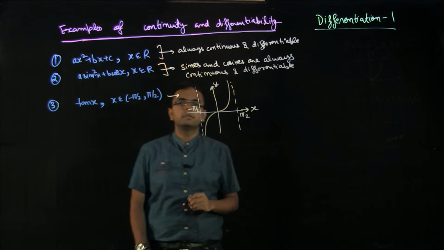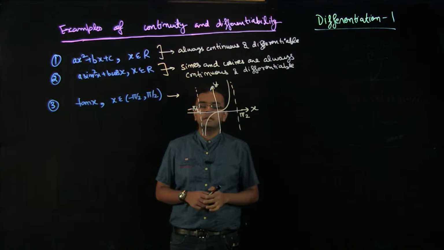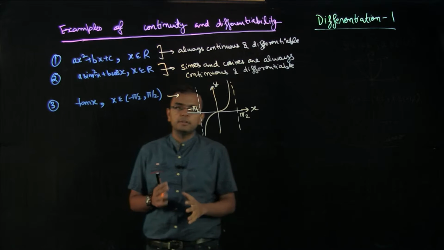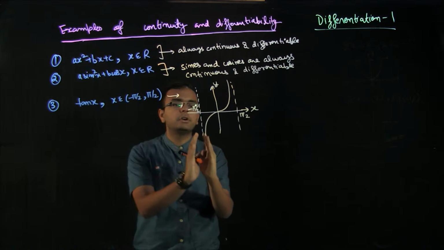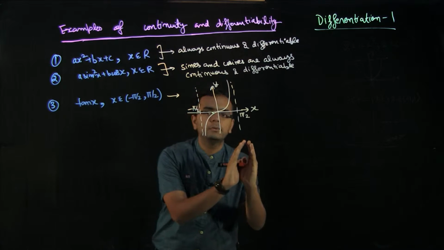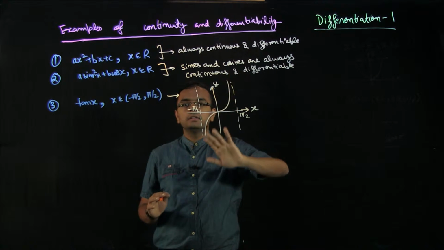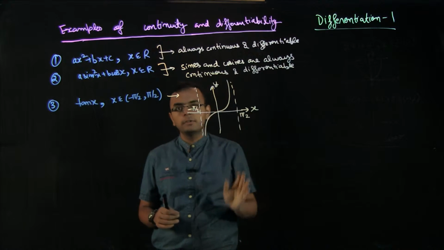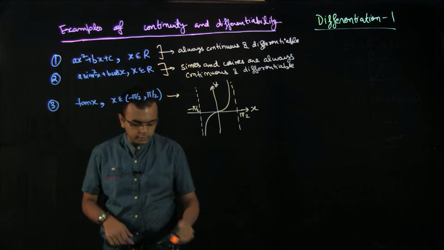The important part, and why I have given this problem, is that these are circular brackets, so this does not include minus pi by 2 or pi by 2. So in this part, the function is both continuous and differentiable. There is no break. It's a very smooth graph. So the answer is yes, both continuous and differentiable.